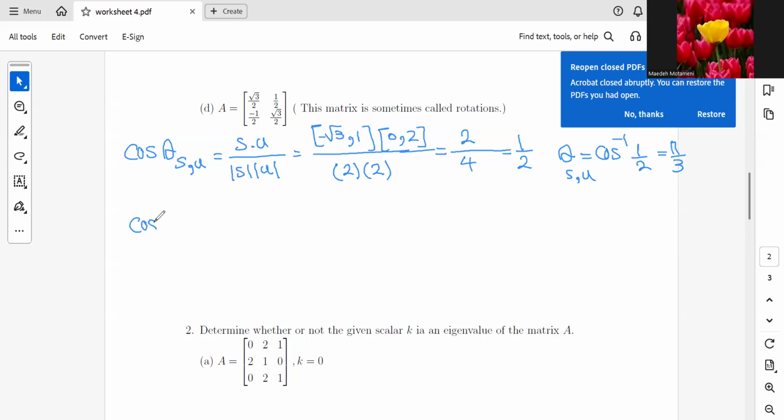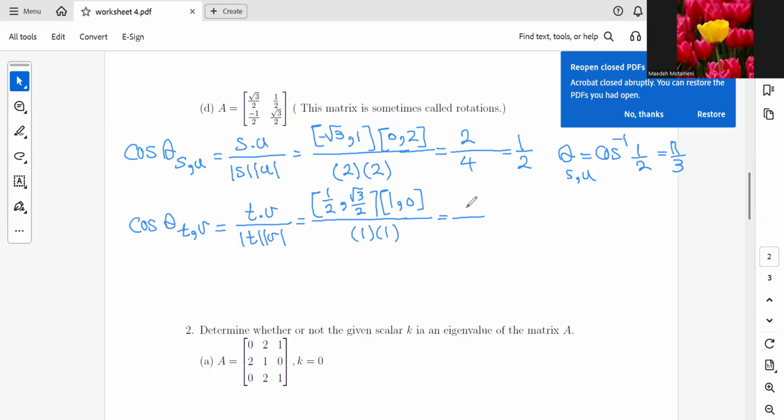Same thing for the next one. So cosine of theta between t and v will be t times v over the length of them, which will be 1 over 2 and square root of 3 over 2, times 1 and 0, over the length of them, which is 1 over 2 over 1, which will be 1 over 2.